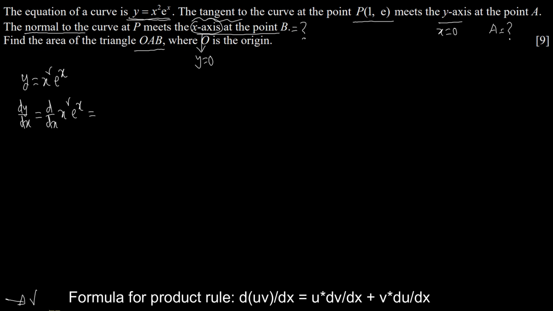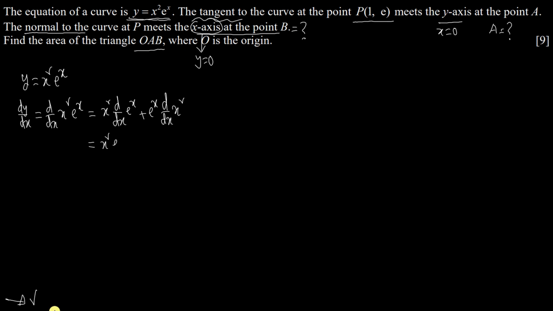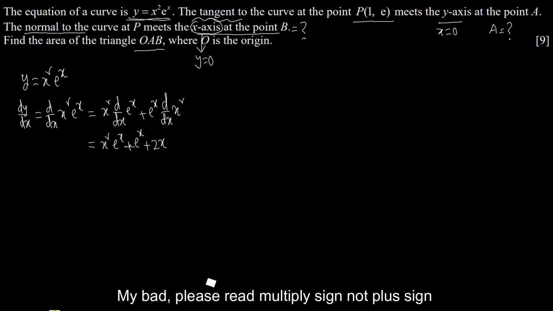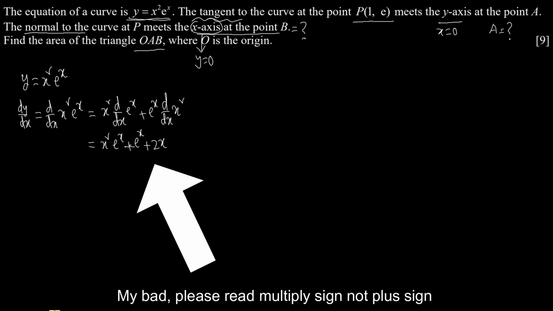Applying the uv product rule, x squared times d by dx of e to the power x, plus e to the power x times d by dx of x squared. So dy by dx is x squared e to the power x plus e to the power x times 2x, because differentiating x squared gives twice x.